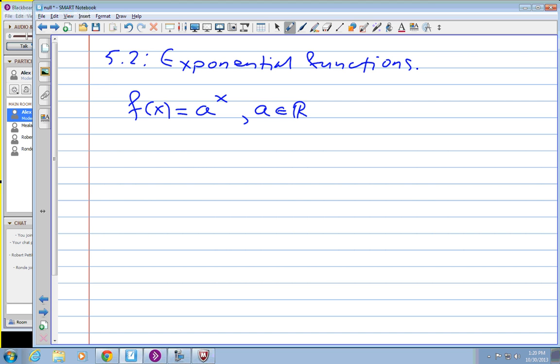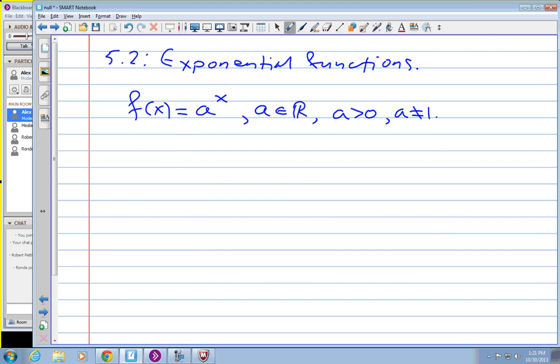Now another thing, a is strictly positive. And also a is not equal to 1. So there are many conditions on a, but basically all it is, it's a positive number not equal to 1. Because if a equals 1, it's a very boring function. 1 to any power is 1. So we don't consider that. You just get 1.